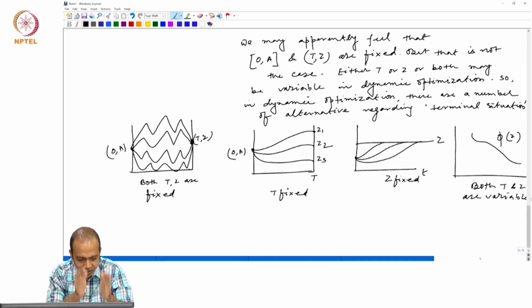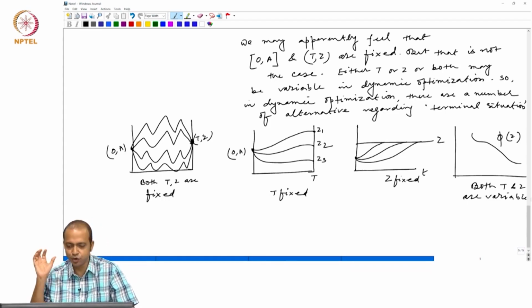We will generally take the simple case where T and Z both are fixed, but you must keep in mind that this is not the only case in dynamic optimization. Depending on your objective, we may get several cases. So, there are different types of terminal situations in dynamic optimization.